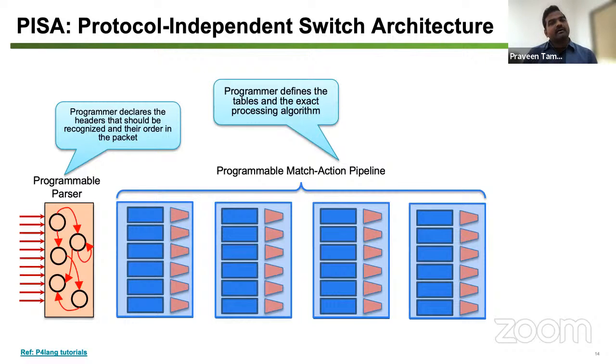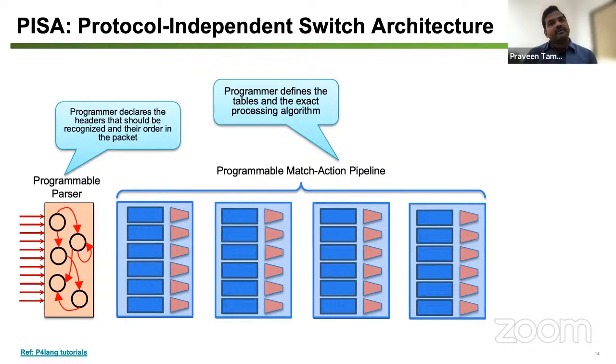For instance, you can realize L2 by programming the tables in such a way that they match on Ethernet MAC address and VLAN tag, and the appropriate action is forwarding to a particular port.